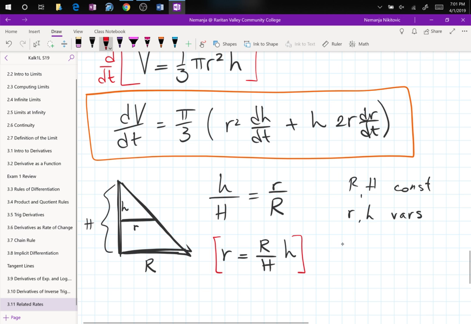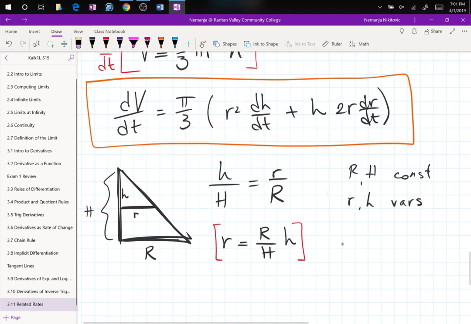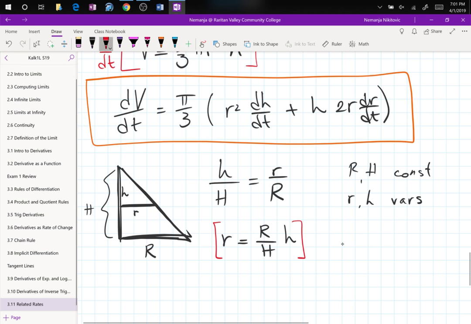It's not just enough to replace each one of these r's with h and walk away. You also have to eliminate the dr/dt because you are looking for the dh/dt, and you never have all of them given. So when you take the derivative with respect to time, you will get dr/dt is equal to R over H, which is a constant, and then you have dh/dt.